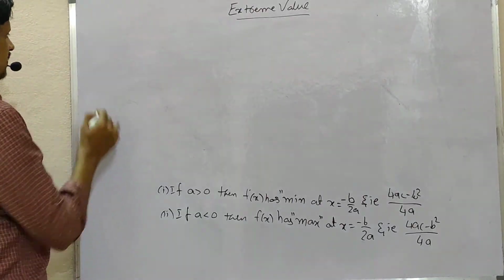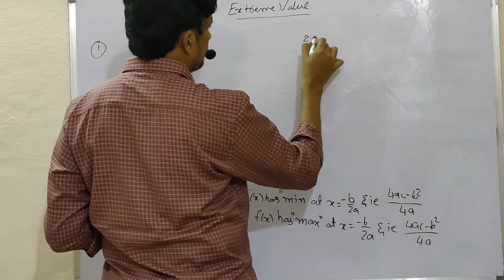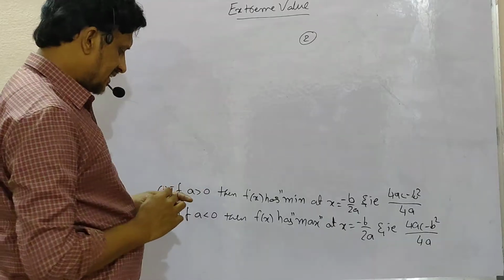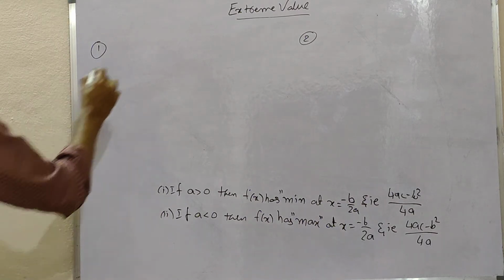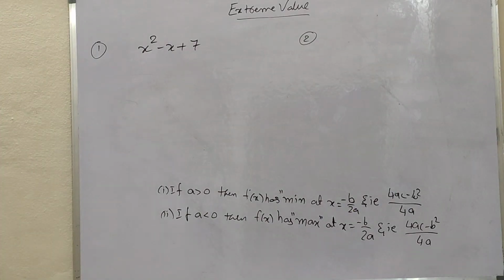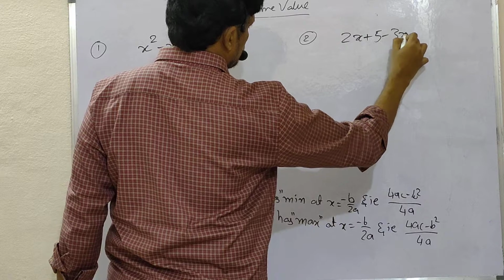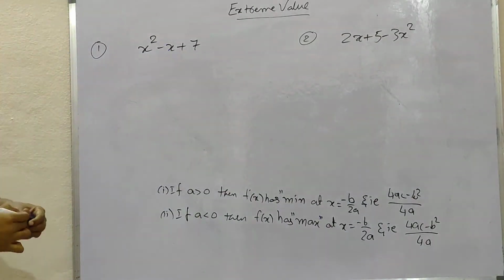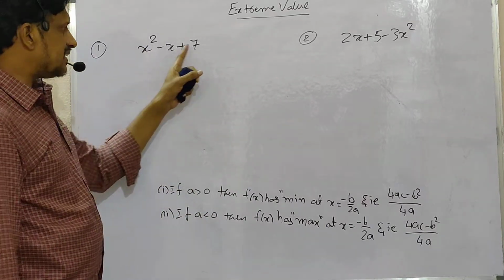Now we'll find the extreme values of two quadratic expressions. Just observe these two cases. Here the given quadratic expression is x square minus x plus 7.